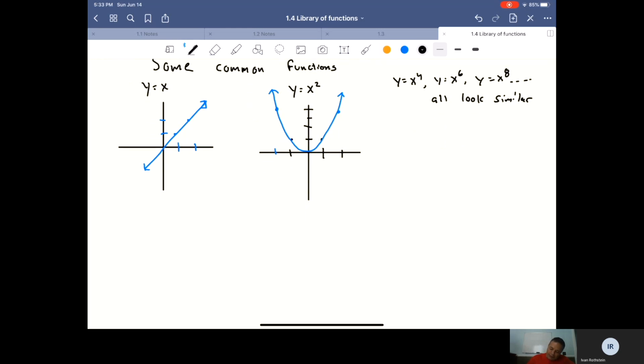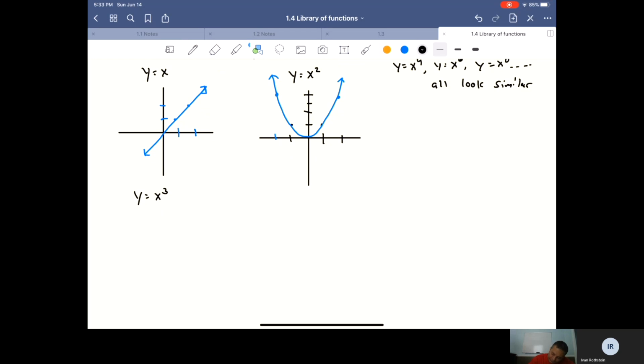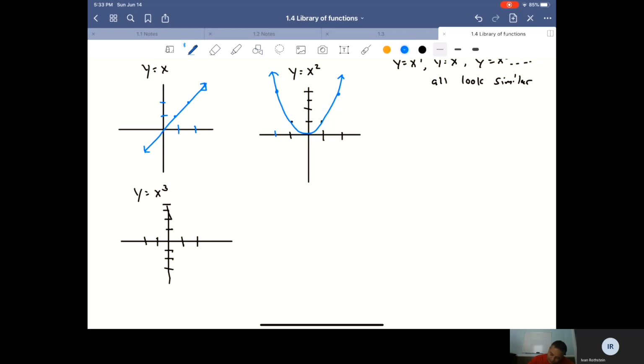Next, y equals x cubed. We put y equals x cubed. Okay.